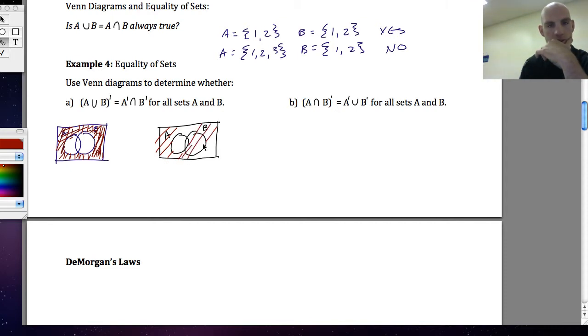Because all this stuff is not in A. So everything in B is not in A. Everything out here is not in A. It's just everything that is not in A. And the intersection of that and what is not in B, well, everything not in B would be this stuff here in the blue, right?